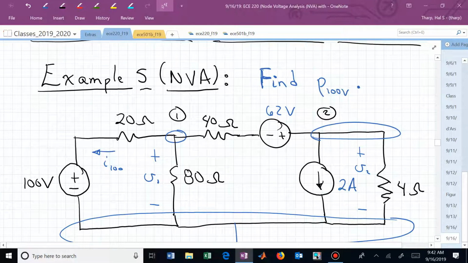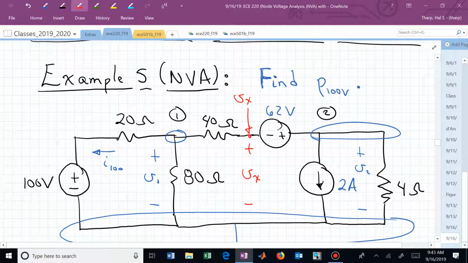That's V1 minus 100 divided by 20. That's going to the left. Going down, V1 divided by 80. Going to the right, that's kind of a mess because we have that voltage source, but we could make our life maybe a little less difficult if we just called that V sub x.